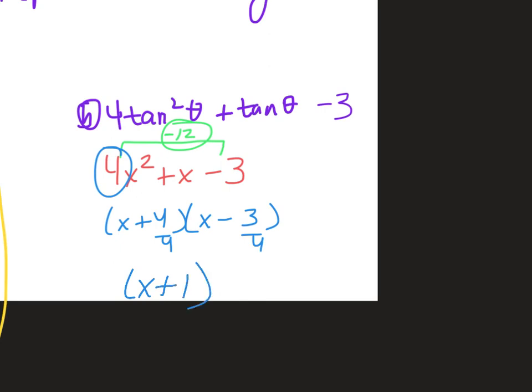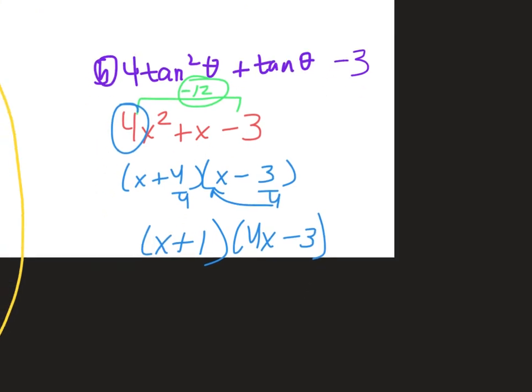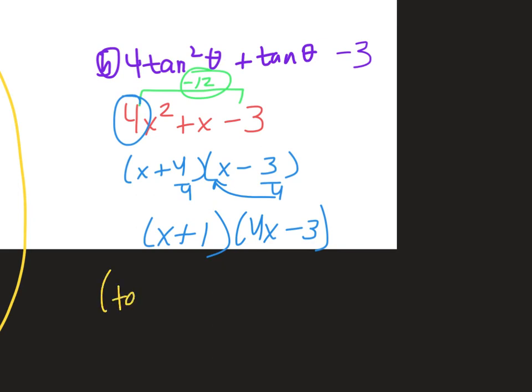And does 3/4 divide pretty? No. So this becomes 4x minus 3. And now I'm going to rewrite it using my trig function, which was what? Tangent. So I have tangent theta plus 1. What is my second parenthesis? 4 tangent theta minus 3.